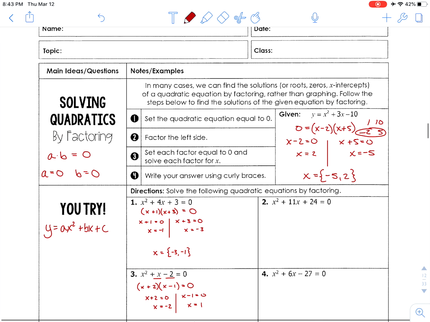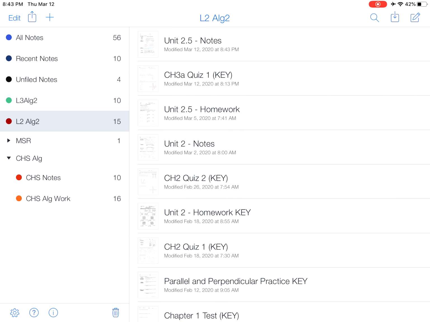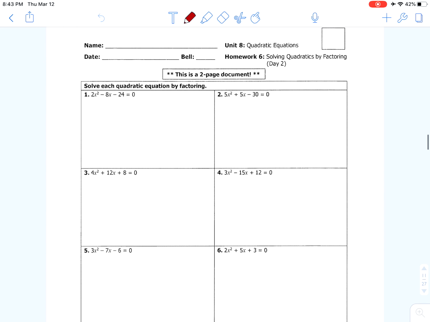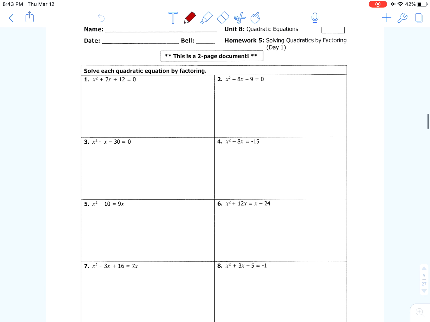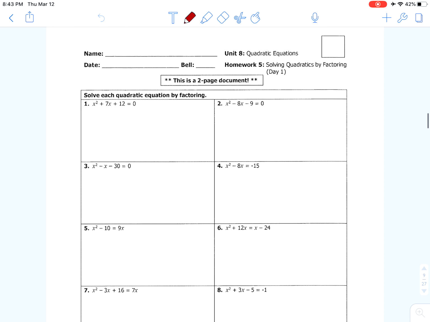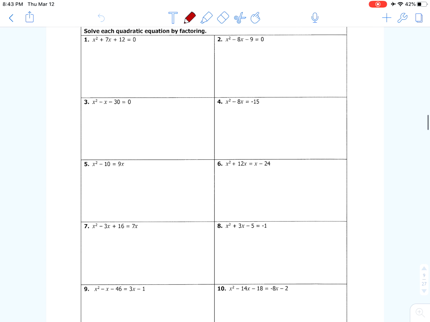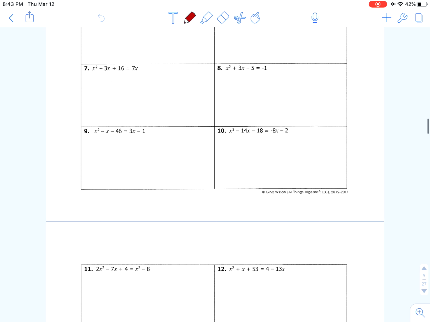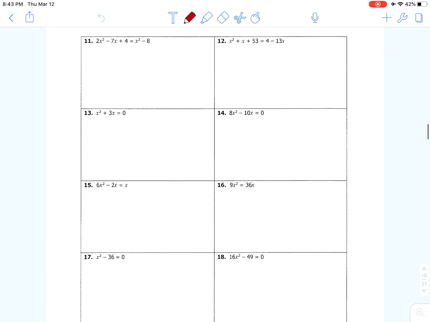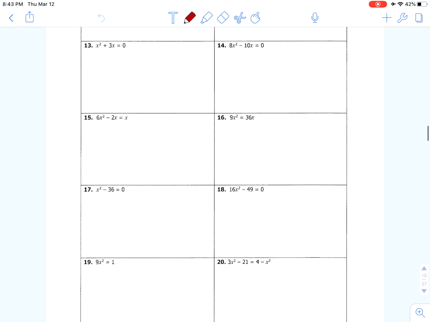So what you guys are going to do for homework is in our 2.5 homework, it's homework number 5, solving quadratics by factoring, day 1. I do want you guys to do all of them.